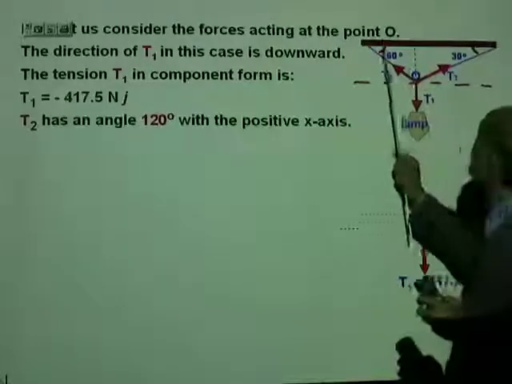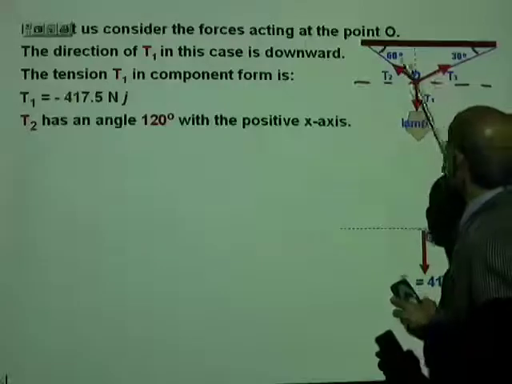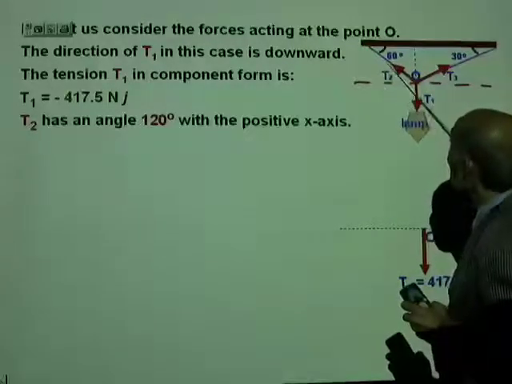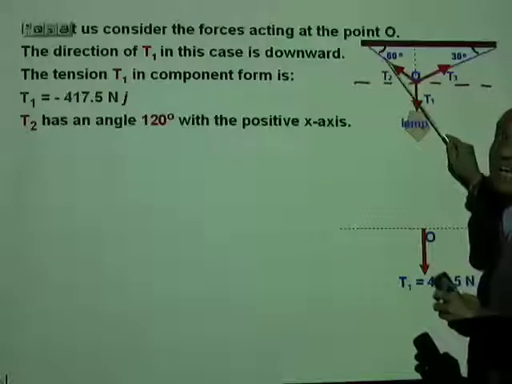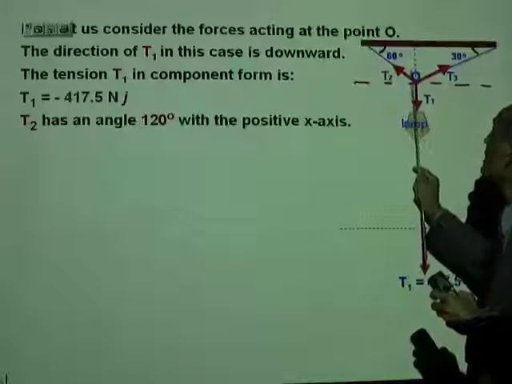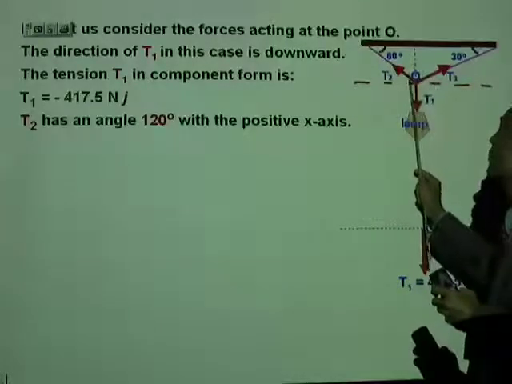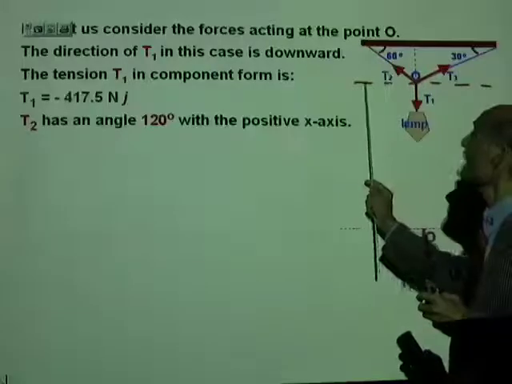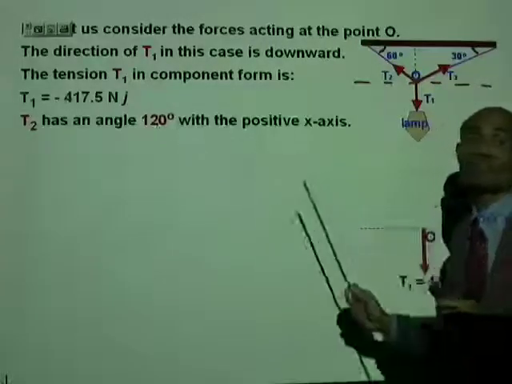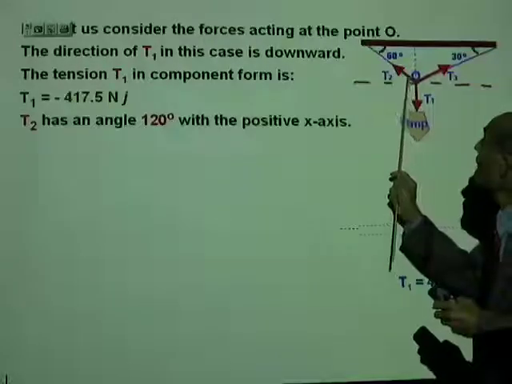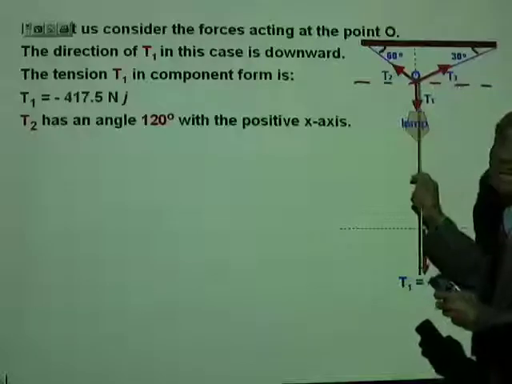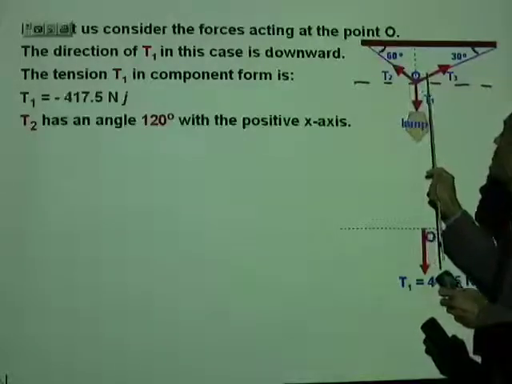Now, this is 60 degrees, this is the x-axis. That means this angle is 60 degrees. Is that right? Yes. And the angle made by T2 with the x-axis is this angle. That will be 180 minus 60. That is 120 degrees. So the angle made by the vector T2 with the x-axis is 120 degrees.